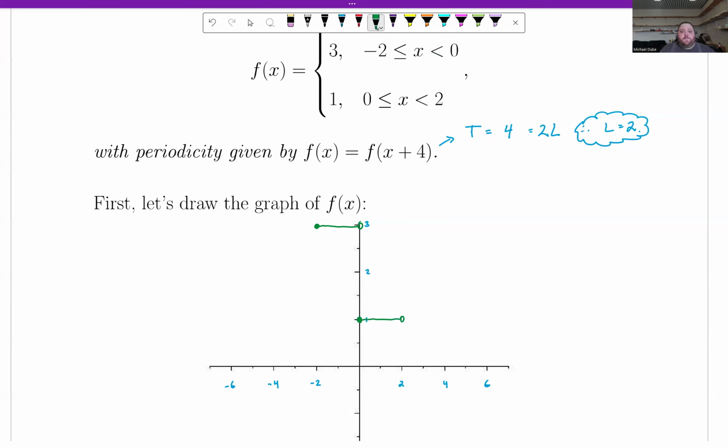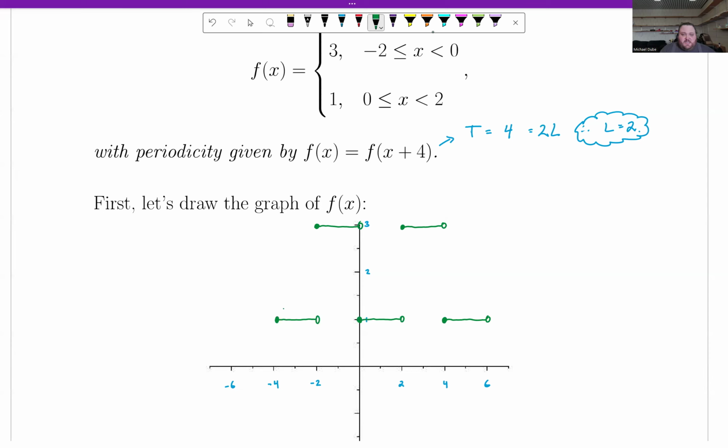Okay, good. But we also know that our period is 4, so this is repeating. That means here, once again, we have this height, and then here we have this height. Oh, sorry, wrong way.